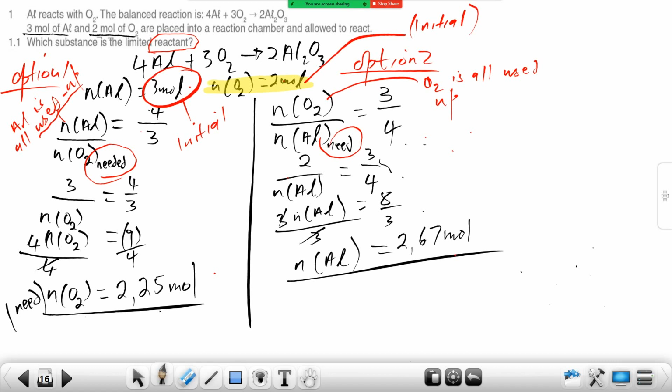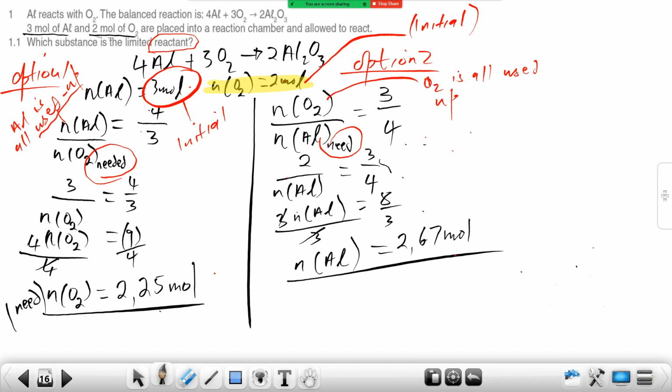It basically says how much do I need in order to have the full complement of aluminium oxide produced. So we need to assume that aluminium is used up. These are my eggs. This is my cooking oil. That is the only thing that I have.